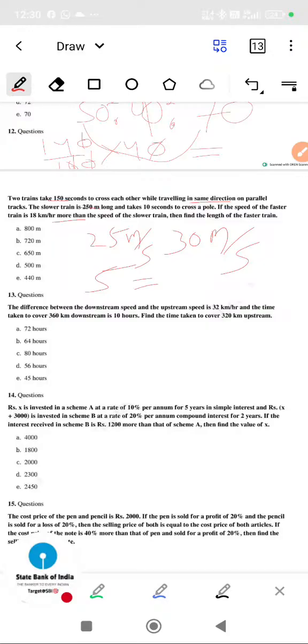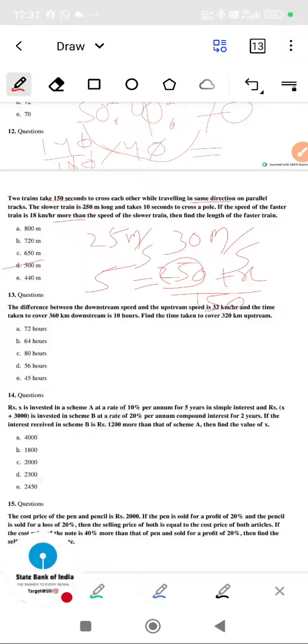Speed equals total distance divided by time. One train length is 250 and the other train length we don't know, so (250 plus x) divided by time, which is given as 150 seconds. So 150 times 5 will be 750. 750 minus 250 will be 500. So the answer is 500 meters.